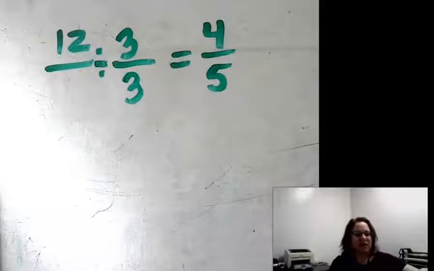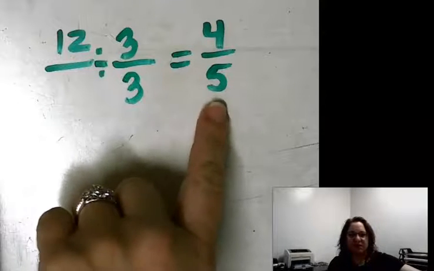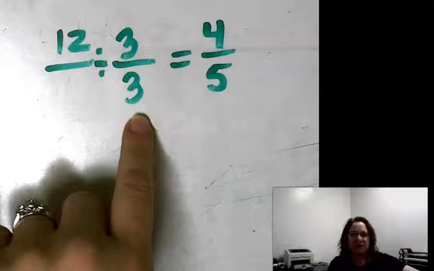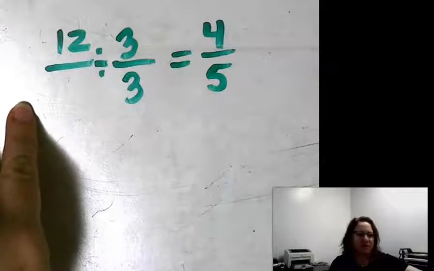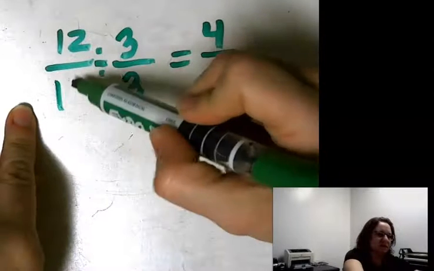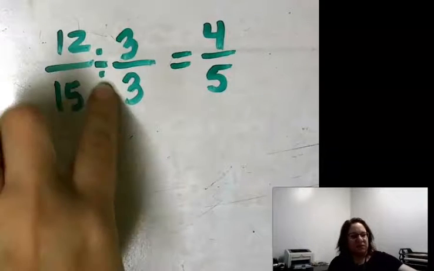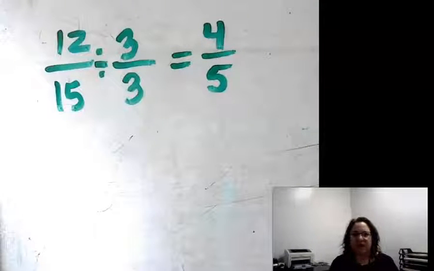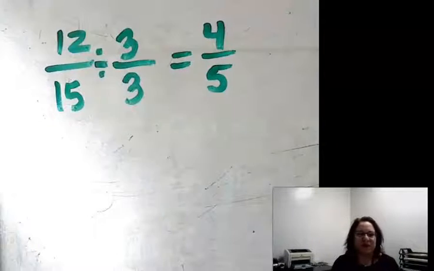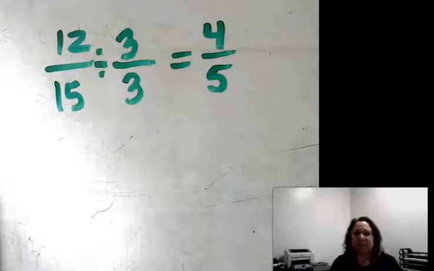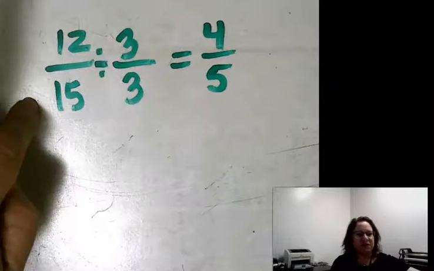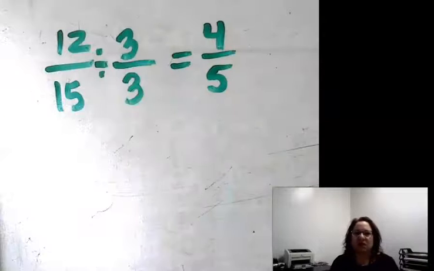Now I need to do the opposite here. 5 times 3 is 15. 15 divided by 3 is 5. So if I know my multiplication facts, this should be relatively easy. All right, so 12/15 equals 4/5.